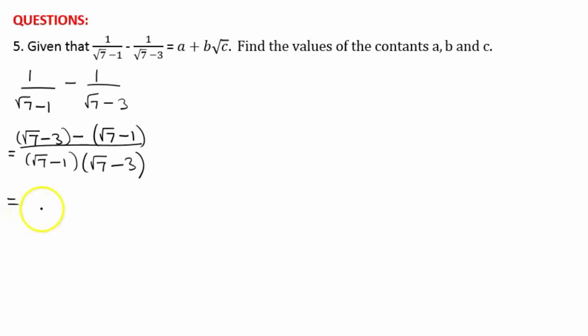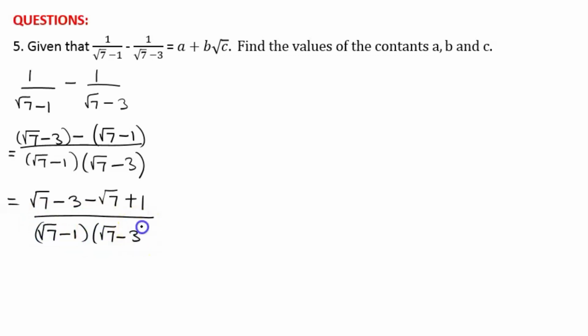And when we do this properly, we are going to have root 7 minus 3 minus root 7 plus 1 at the numerator, if we allow this negative sign to open this bracket. At the denominator, we are going to have root 7 minus 1 multiplying root 7 minus 3. So you see, this is root 7 minus root 7, that's going to give us 0.